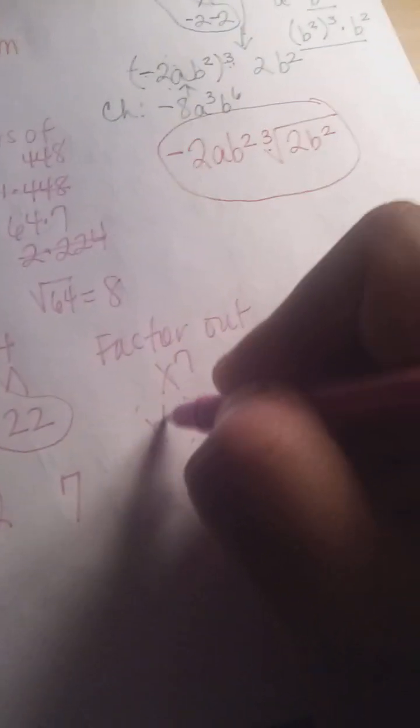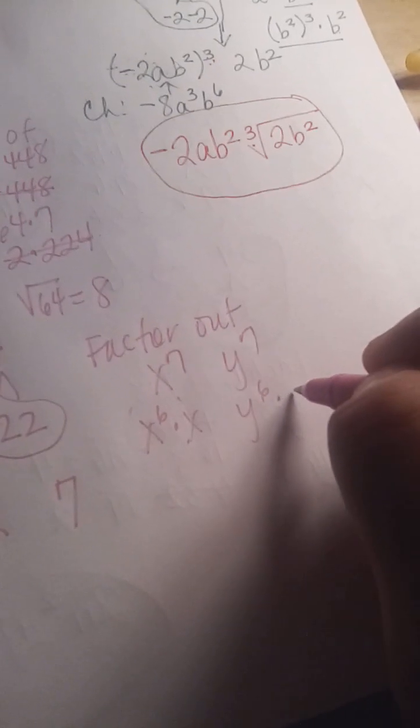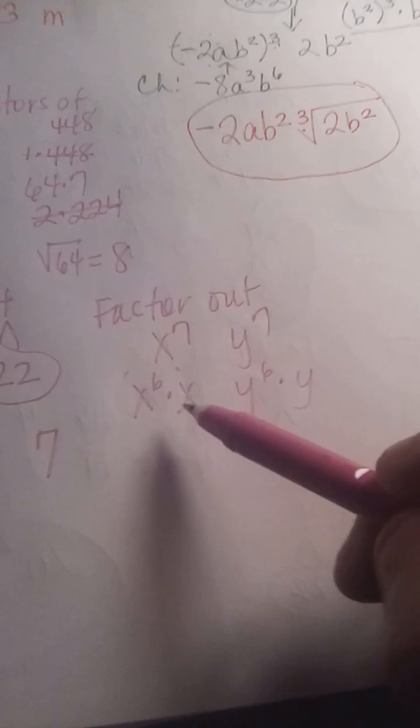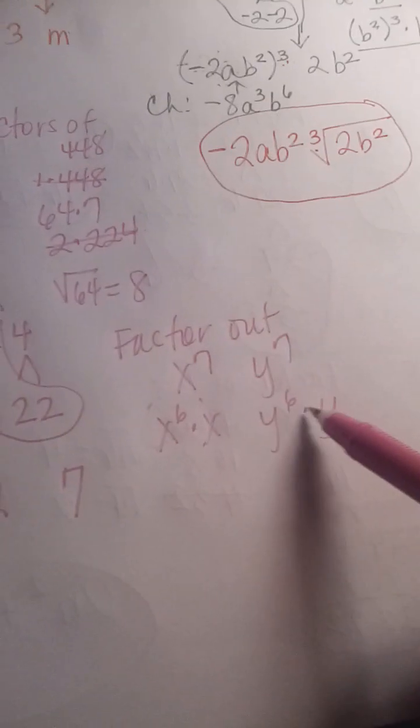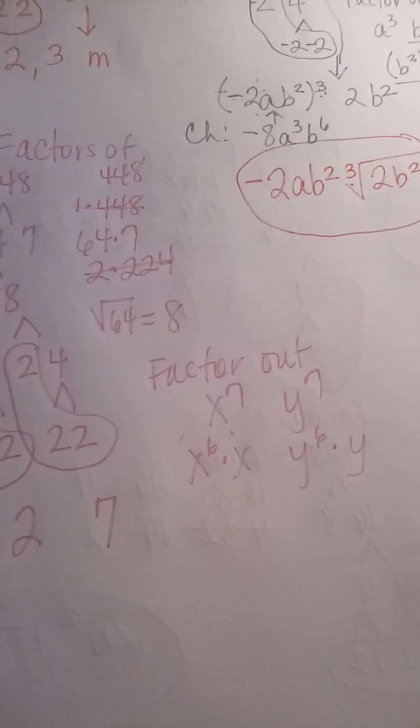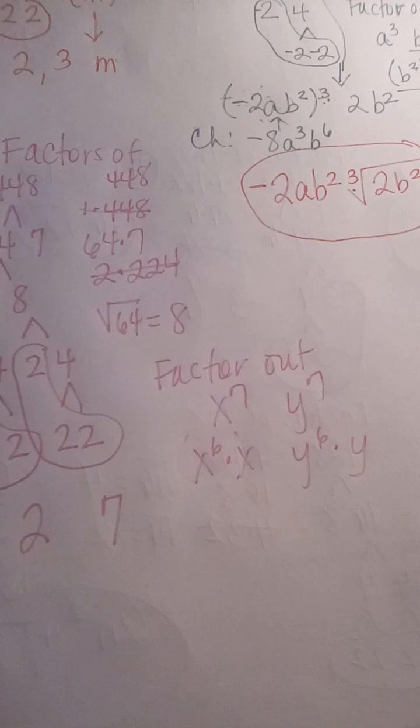I think we got it. We got x times 6 times x, y times 6 times y. So we have x to the 6th power times 1 times x, y to the 6th times y. And we can factor these two out. And then we could do this.